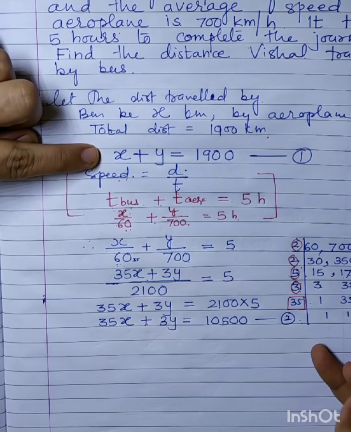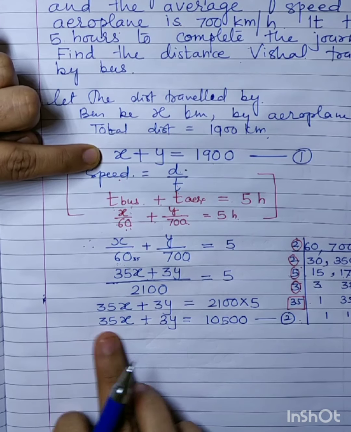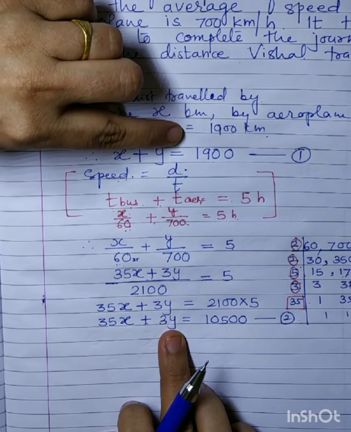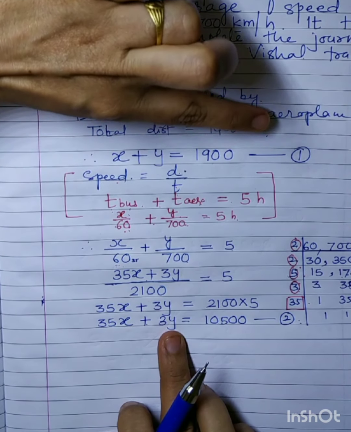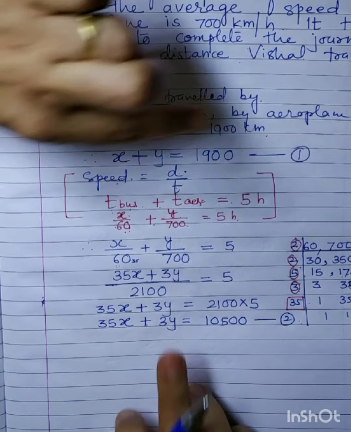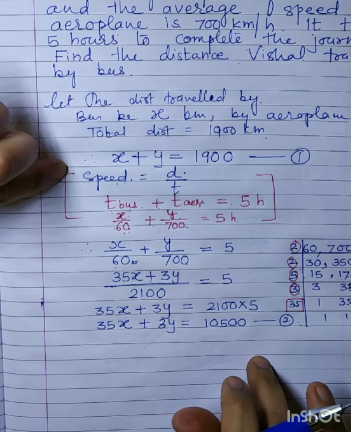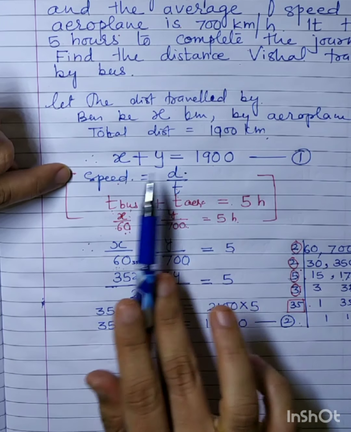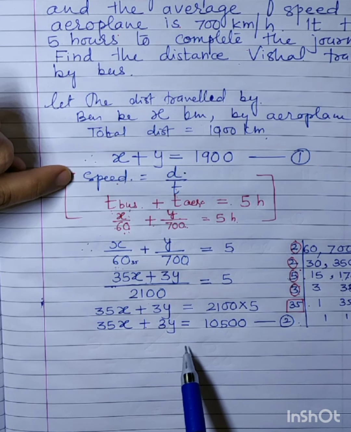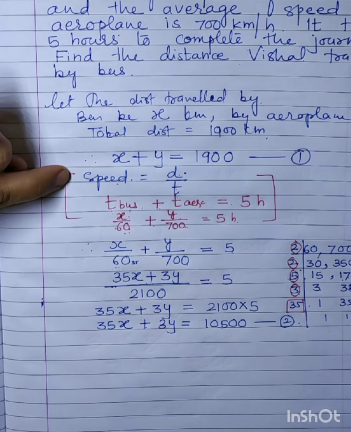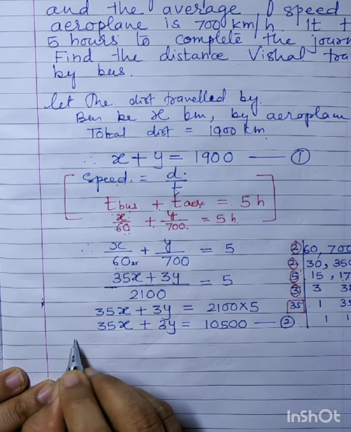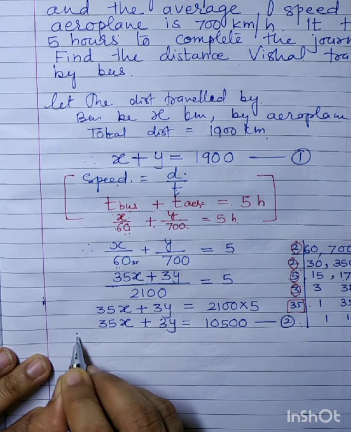By any method you can simplify. Now 35x, 3y; x, 3y. So what we will do, equation 1 can be multiplied by 3 and later on it can be subtracted from equation 2. Also you can use the substitution method. Substitution method also will make the calculation very easy. Okay. So here I am using elimination.